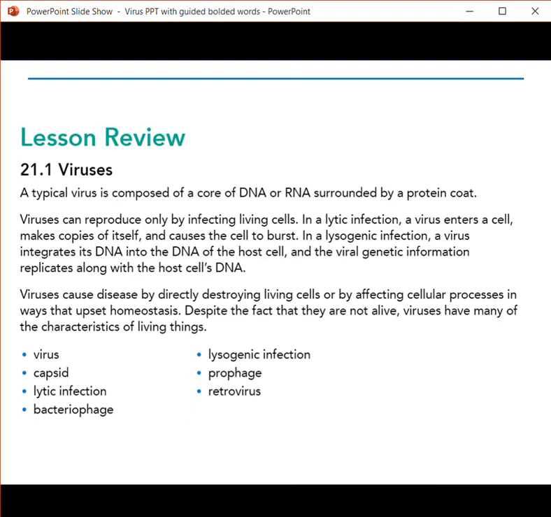Retrovirus. This is your last word for this lesson. The last one was a retrovirus, an RNA virus that contains RNA as its genetic information.